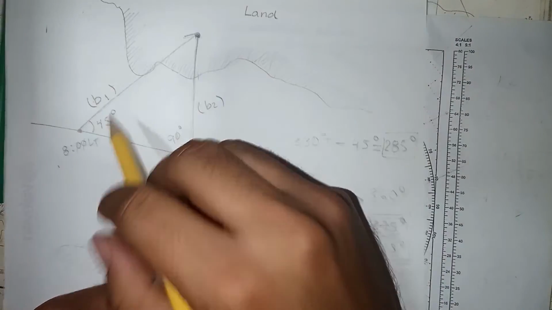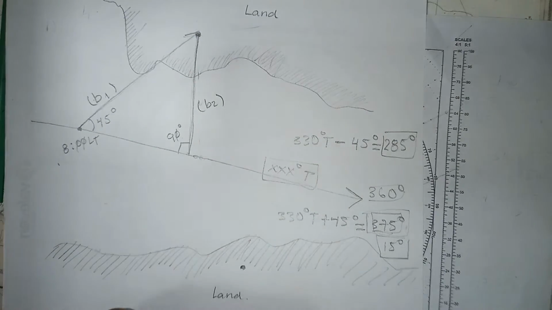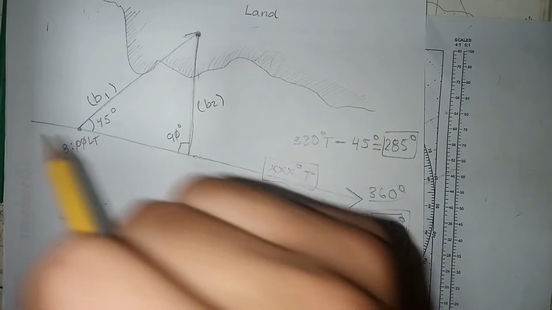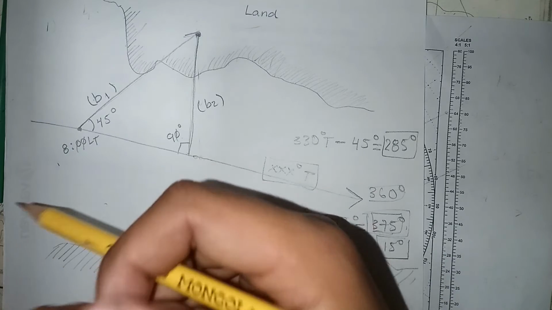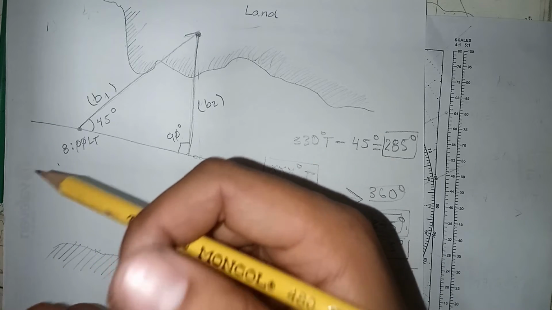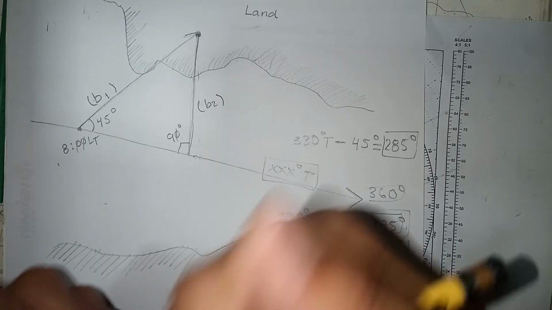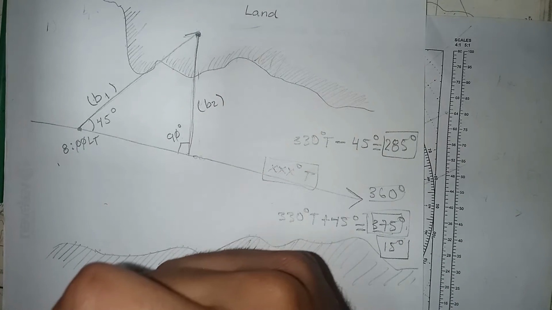As with the first bearing, if we see the target at port side, we have got to subtract 90 degrees from the heading. On the other hand, if we see the target at starboard side, we have got to add 90 degrees to the course.